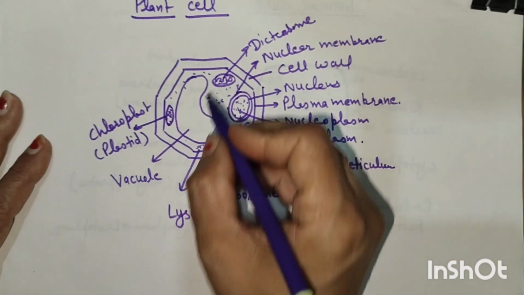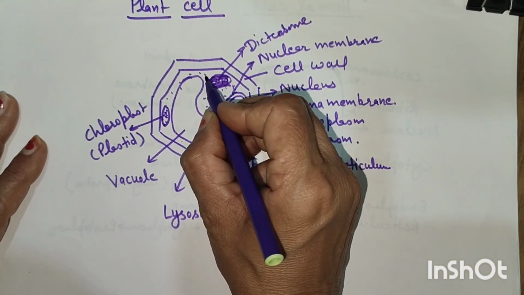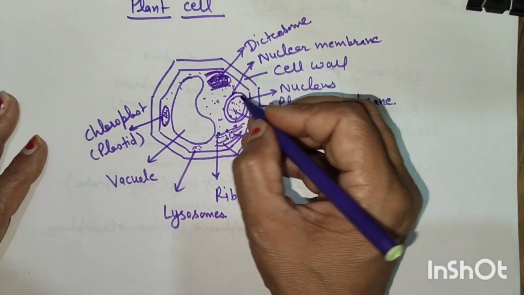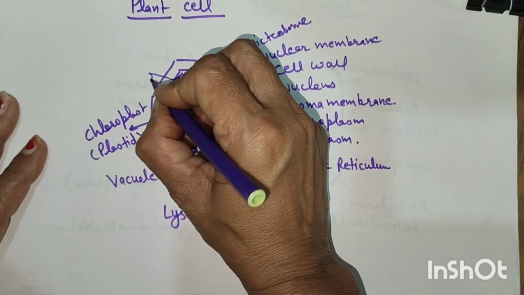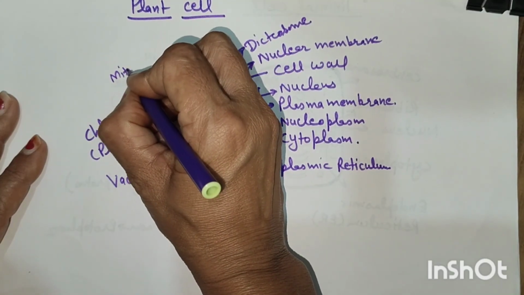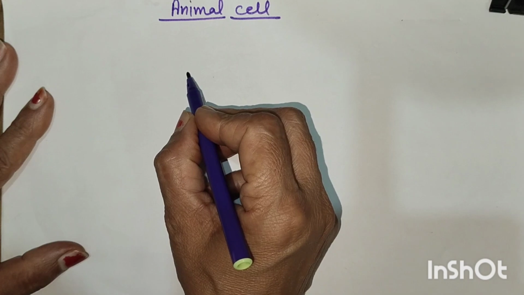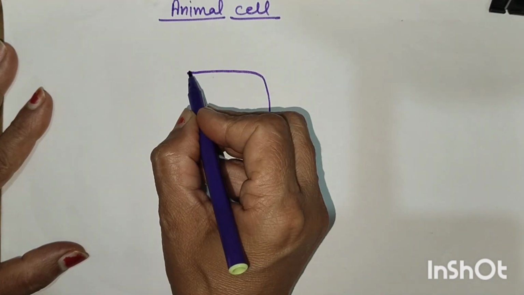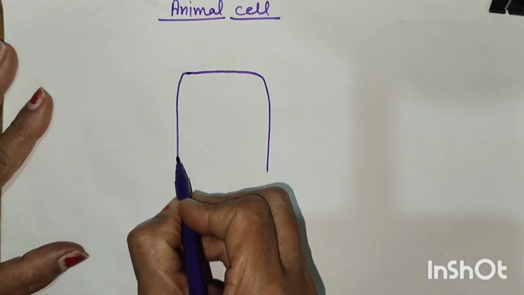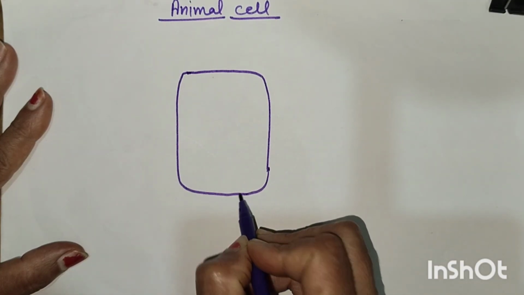This is a deformed dictyosome, or part of the Golgi apparatus. And this is the mitochondria, the powerhouse of the cell. The animal cell is covered with a membrane that is called the plasma membrane.